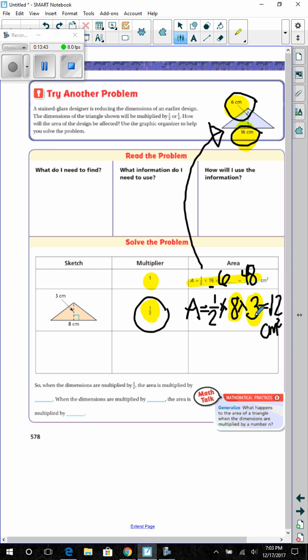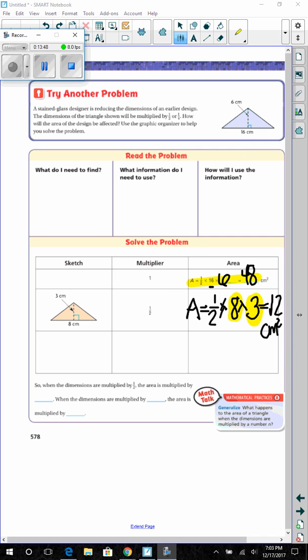Our multiplier was 1 to begin with, and then it was 1/2. Now our multiplier is going to be 1/4. This portion says sketch.